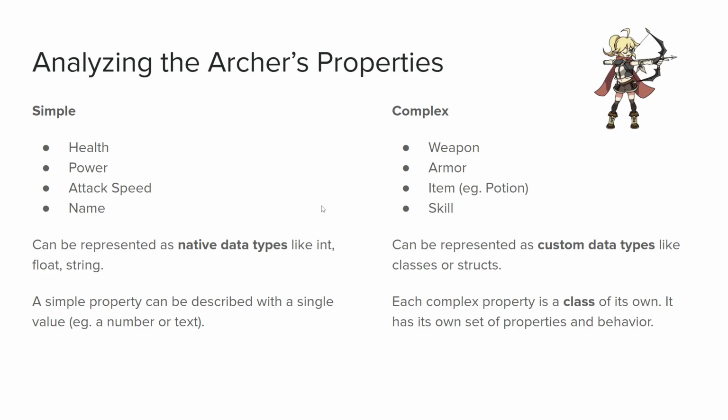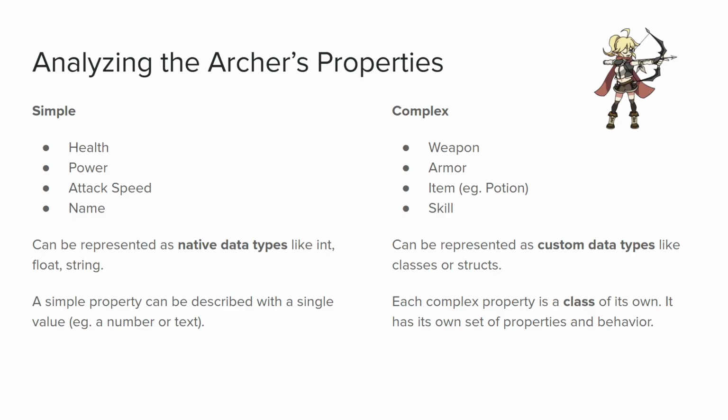So let's say you see Archer. In a simple way, we could just have health, power, attack, speed, name. This can be represented by native data types like int, float, string, and a simple property can be described with a single value.